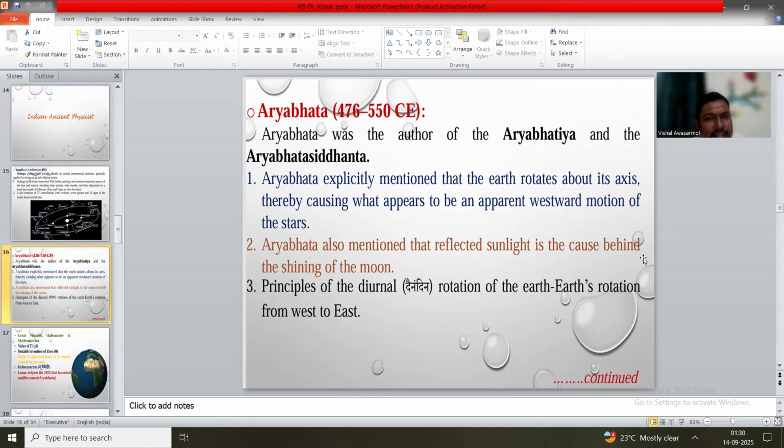Aryabhatta also mentioned that reflected sunlight is the cause behind the shining of the moon. He also discussed the principle of the diurnal rotation of the earth from west to east.